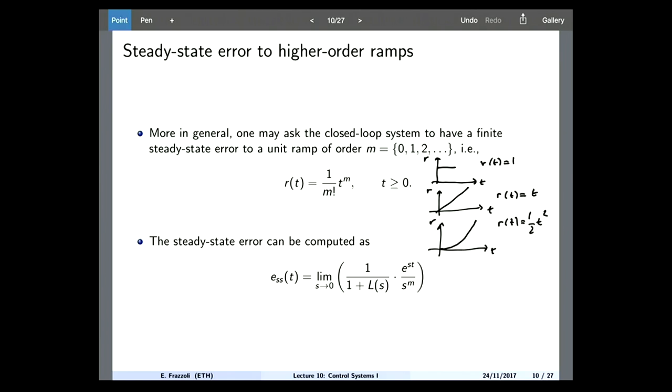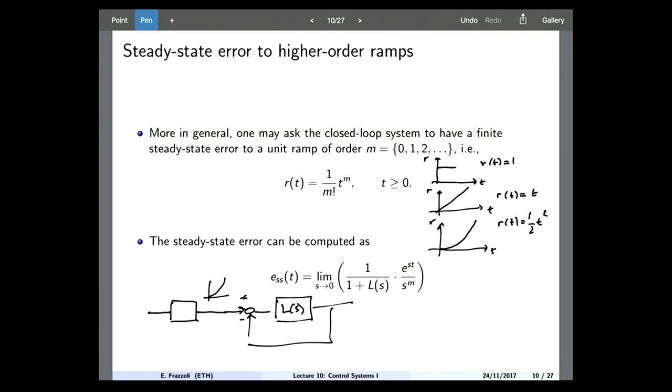How do you compute the steady state error? Well, essentially the way that I wrote this formula is the following. Just imagine that I have my system, and what I want here is a ramp of order, say, 2.